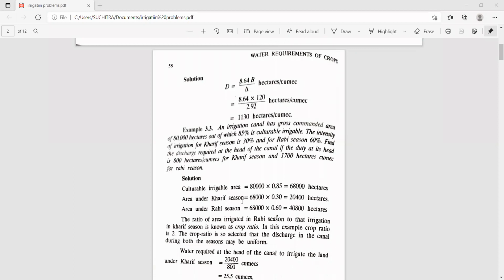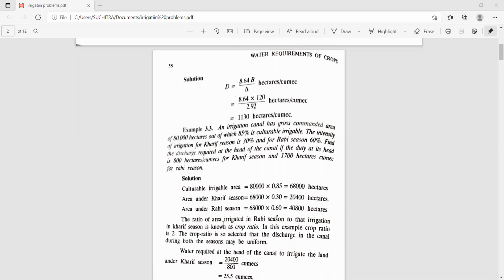Now the area under the Kharif crop, out of this culturable irrigable area: the intensity of irrigation for Kharif season is about 30%, so you multiply the culturable irrigable area by 0.30. The area under Kharif season works out to 20,400 hectares. Similarly, for the Rabi crop the intensity of irrigation is 60%, so the culturable irrigable area is multiplied by 0.60, giving the area under Rabi crop as 40,800 hectares.